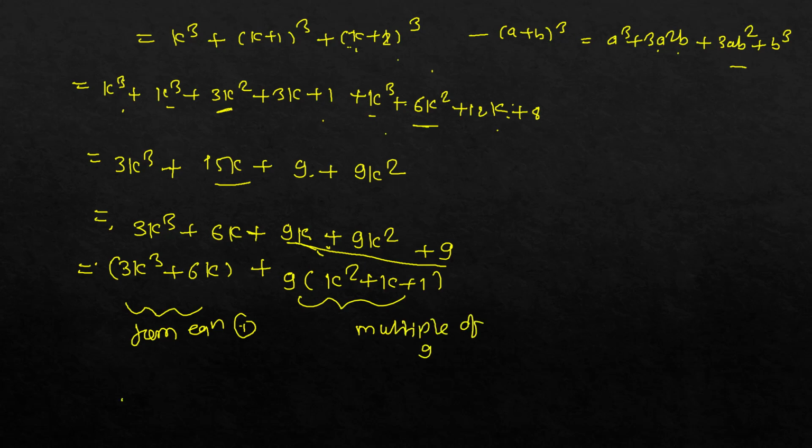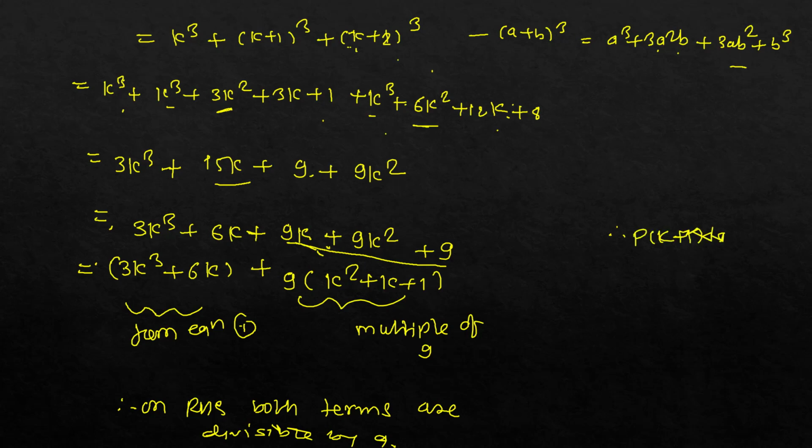So from equation number 1, and this is a multiple of 9. So therefore on the RHS both terms are divisible by 9. Therefore P of k plus 1 is true.